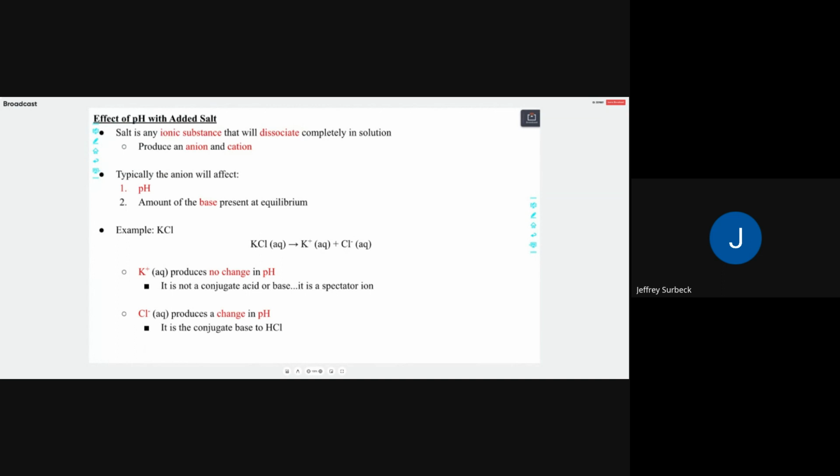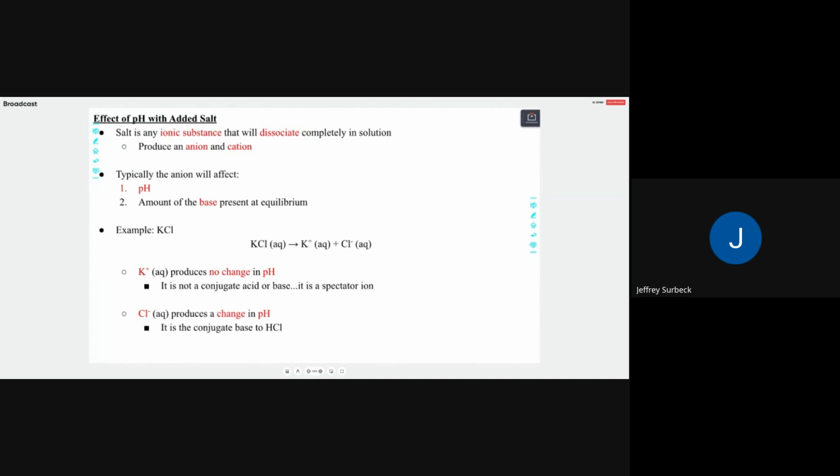If you take KCl, KCl is not an acid or a base because if you notice, nobody donates a proton, nobody accepts a proton. However, Cl minus is a conjugate base to a very, very strong acid, and as a result, would affect the pH in this.